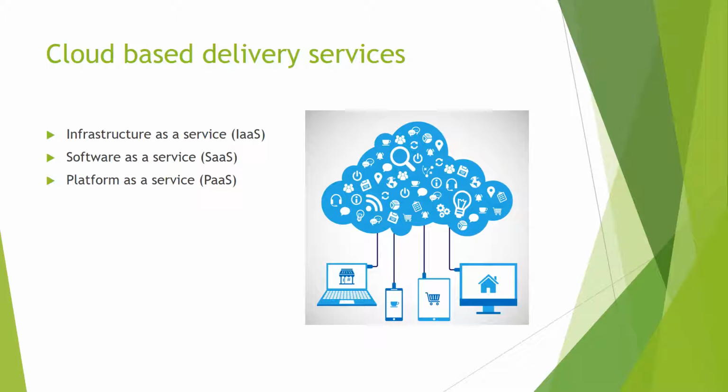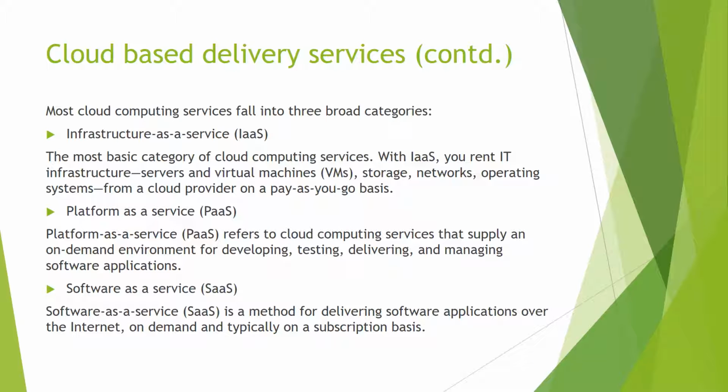Another component of a cloud-based architecture is its delivery service. Most cloud computing services fall into three broad categories. They are software as a service, platform as a service, and infrastructure as a service. Infrastructure as a service is the most basic category of cloud computing services.